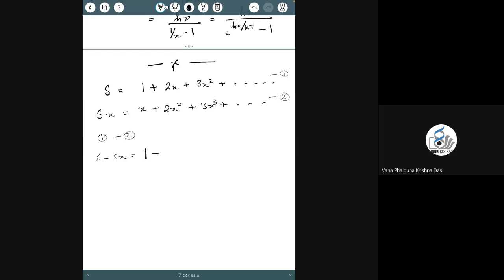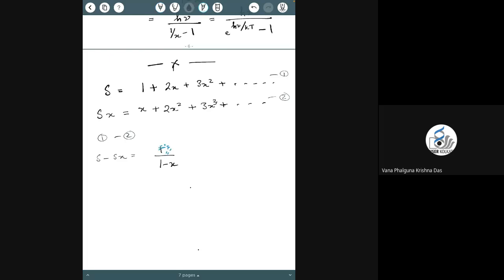So 1 plus x, since it's 2x minus x. No, S minus Sx is not right. Sx is 1 by 1 minus x. So I should get back 1 by 1 minus x. Yes, right?